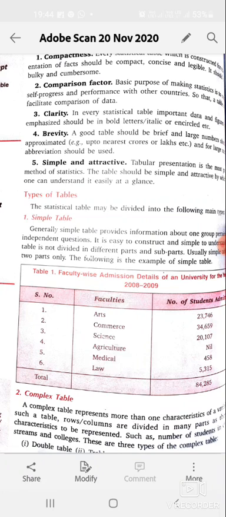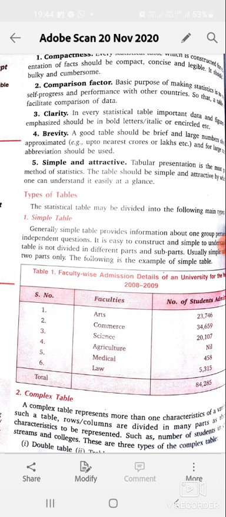No one wants to go into agriculture. Only around 500 students want to go into the medical field. Around 5,000 students go for law.